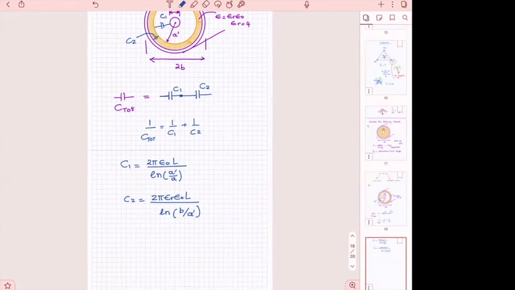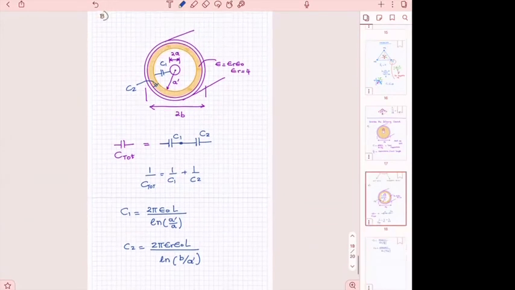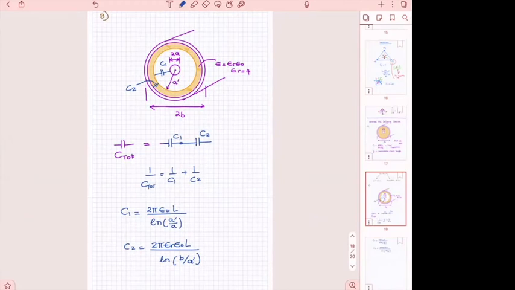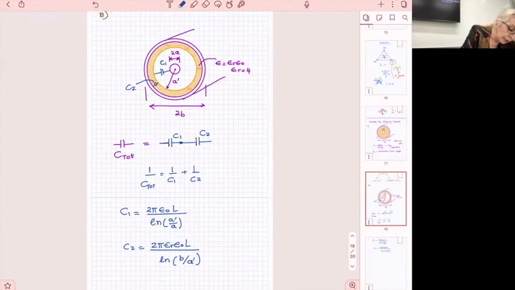Can you show me where B would be on the coaxial? What do you mean B? Yeah, like the length of B. I assume that the external conductor does not have any thickness.